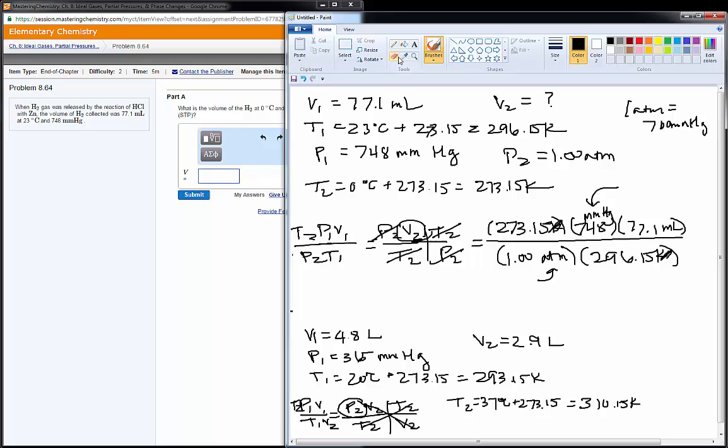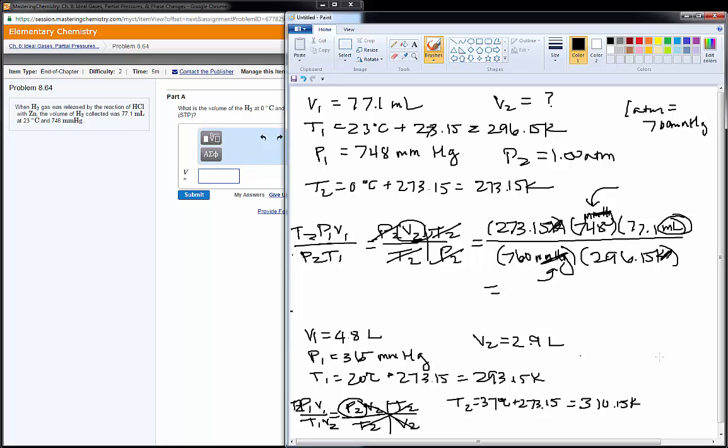I'm just going to insert that right here for 1 atmosphere. There we go. Now our millimeters of mercury cancel, and I'll be left with units of milliliters, which is a unit of volume. That's what I'm looking for.